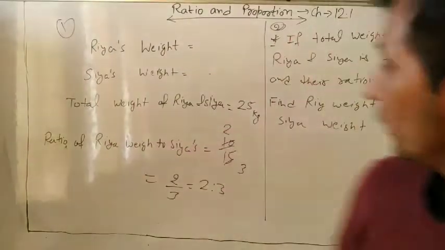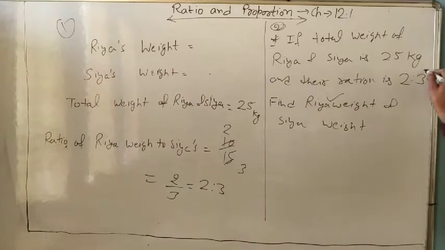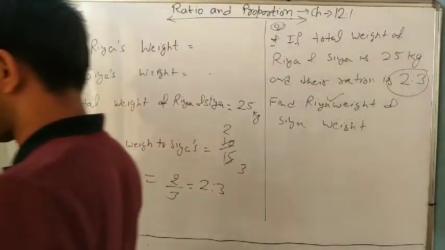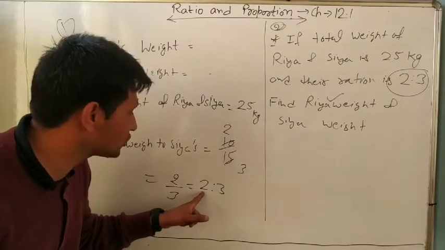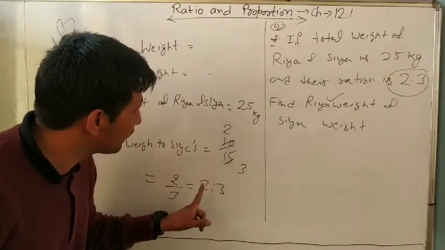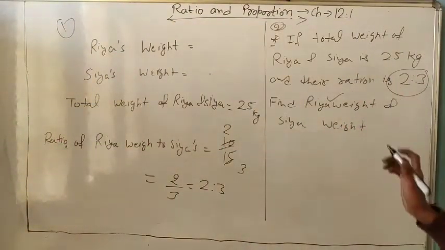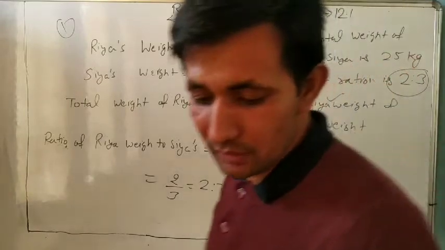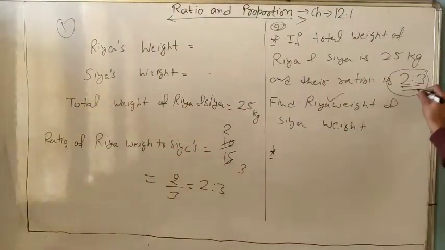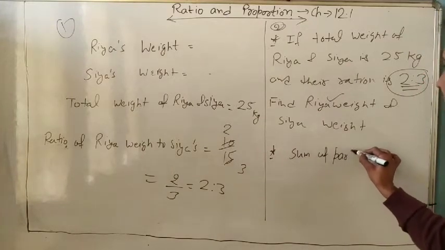We have to find Riya's weight and Sia's weight, but their ratio is given. What is the meaning of 2:3? If Riya's weight is 2, then Sia's is 3. In these types of questions, we always first find the sum of parts.